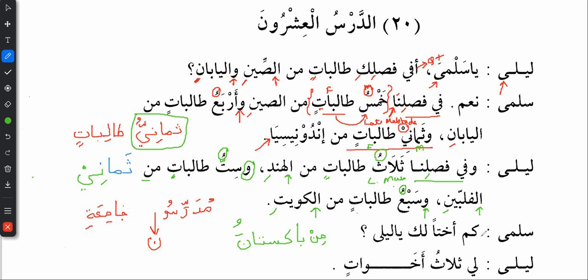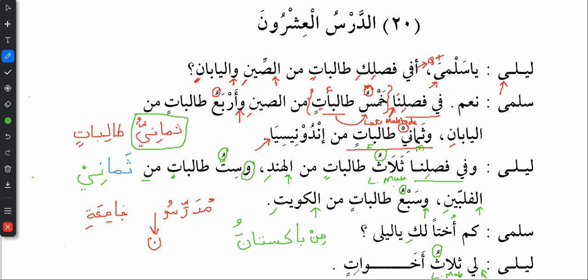So Salma says, Kam ukhtan laki ya Layla, means how many sisters do you have? So Layla says, Li, and this is also a shibh jumla, that's why late mubtada. Thalathu, and that's why it has a dhamma. Li thalathu akhawatin.